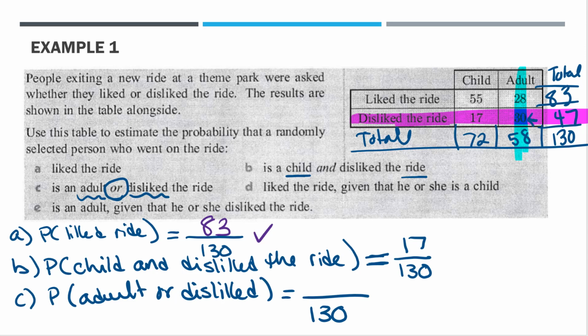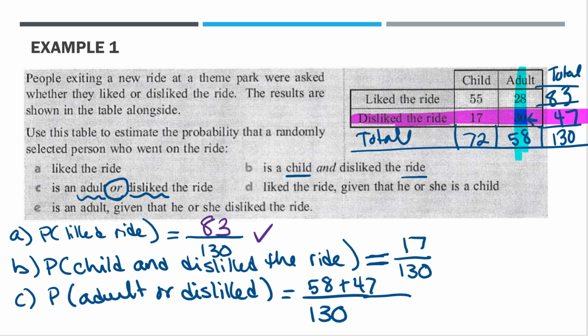Well, here's the problem. That 30 is actually being counted twice. If you look at how the highlighting went, it was counted once for being an adult and once for being disliked. So we have to make sure that we subtract the 30. We look at the total for adults, that's 58. We look at the total for disliked rides, that's 47.